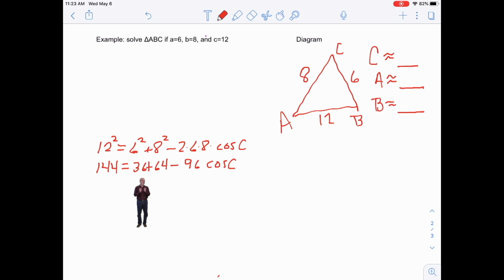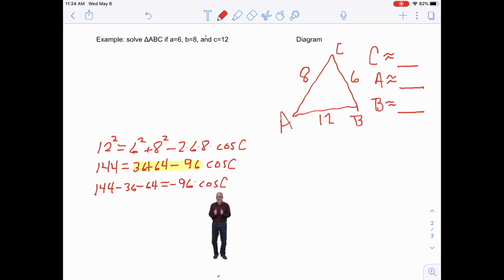You might do the wrong calculation if you do that minus 96 from the 36 and 64. Be careful, you can't do that because order of operations says that 96 is times the cosine C. It stays with it. So we're going to subtract 36 and 64 from the other side. Leave order of operations where it's negative 96 times cosine of C. So keep those two together.